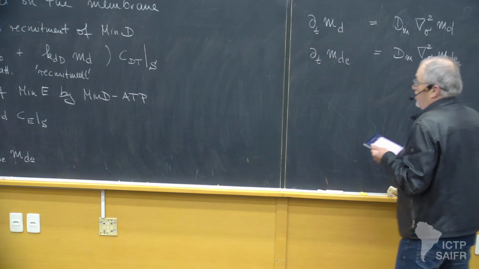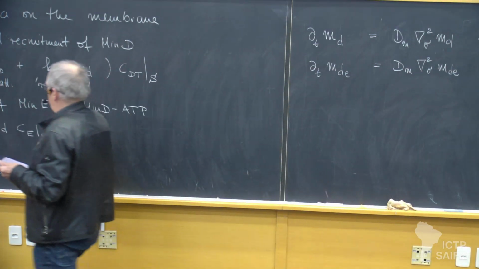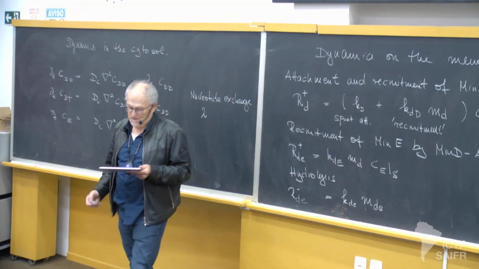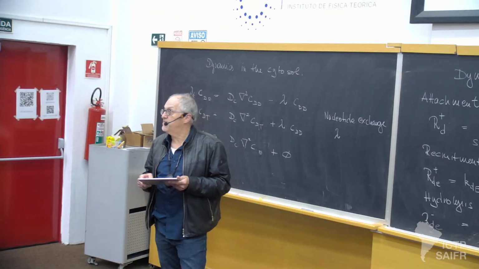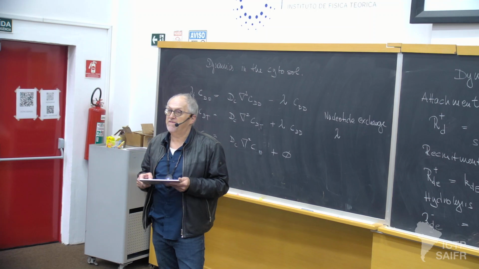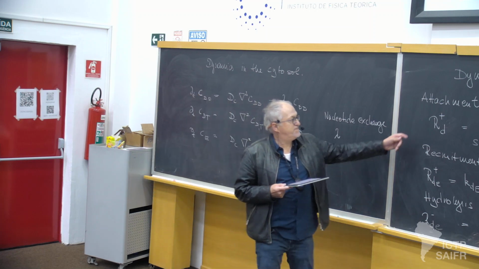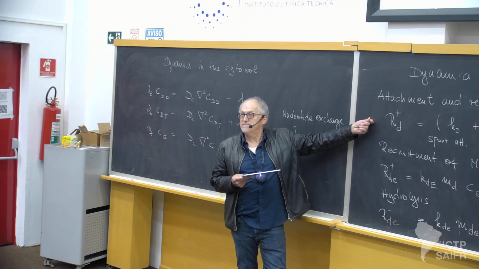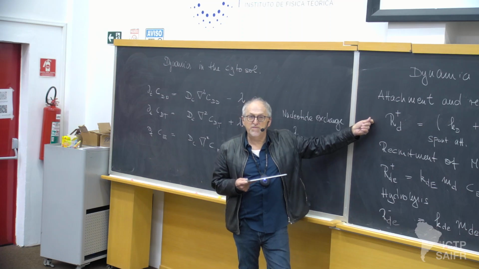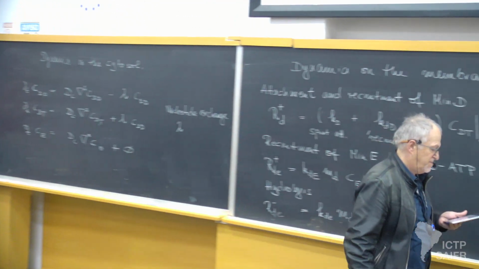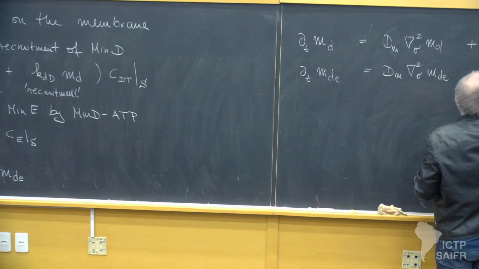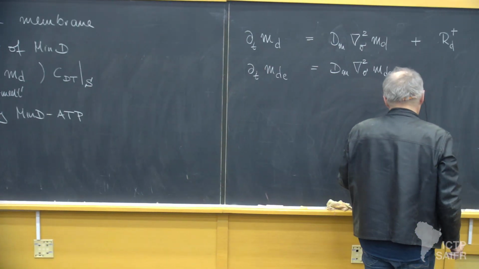Now, which of those reactions that we have here contribute on the right-hand side for the MinD protein? What do we have there? So make a pick. Is this important? Right, this is the recruitment term, and I have to add it with a plus. So plus R_D plus.